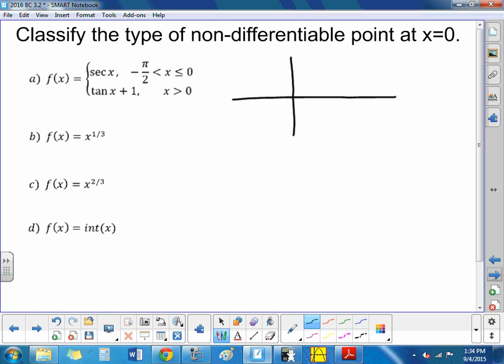So for secant x, we're only going to be graphing between negative pi over 2 and 0. So just this small region here, and hopefully you remember what secant looks like. You can use a cosine graph to figure it out.